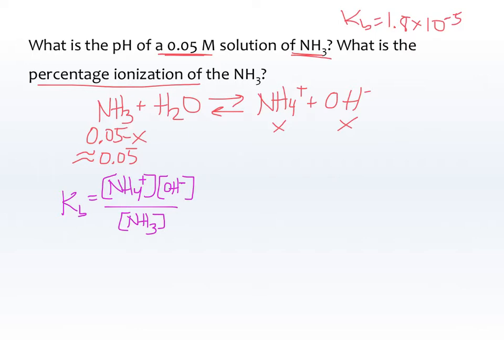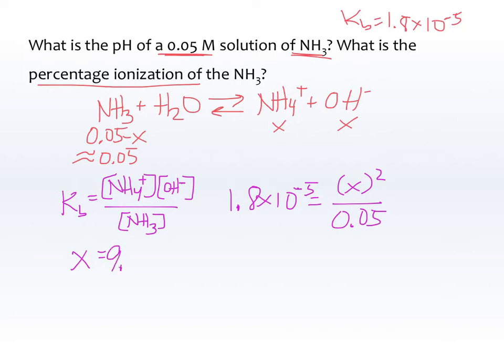And the Kb, which we already looked up on the chart, 1.8 times 10 to the negative 5 is equal to x squared over 0.05. So we'll cross multiply and take the square root, and we end up with x is equal to 9.49 times 10 to the negative 4.